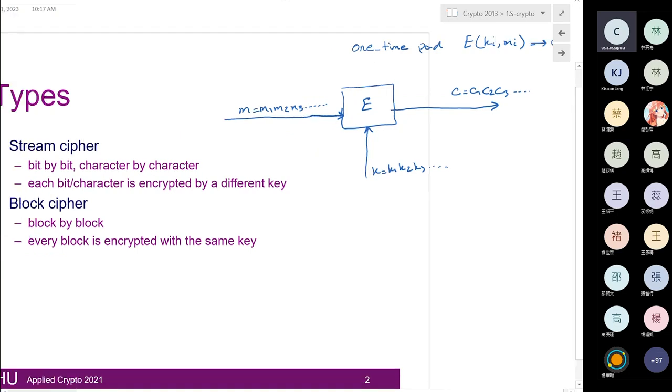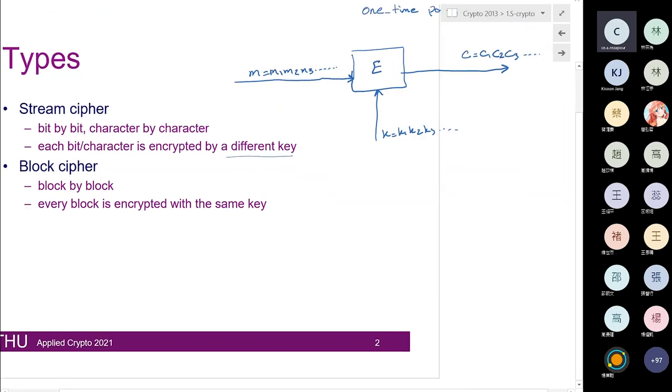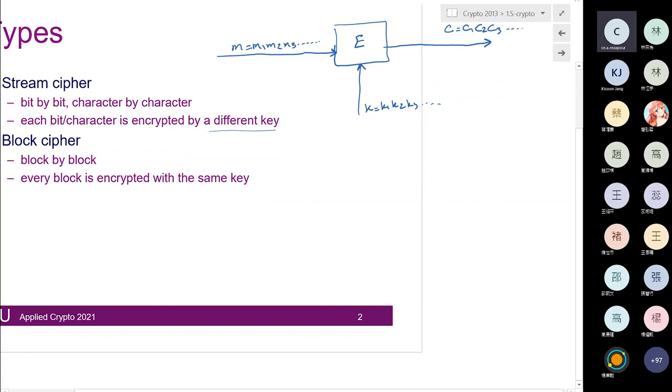So this is one way to do encryption. And you can imagine that M could be binary, or it could be some characters or some amount of bits that we would be able to process. But one of the things that we need to be careful about is that every time we want to encrypt a bit or a character, we have to use a different key. So that is one thing to consider.